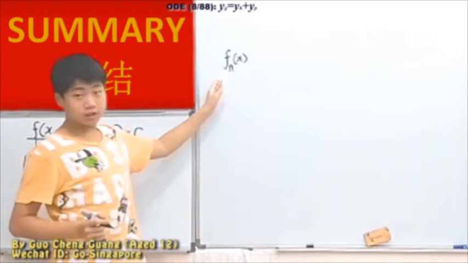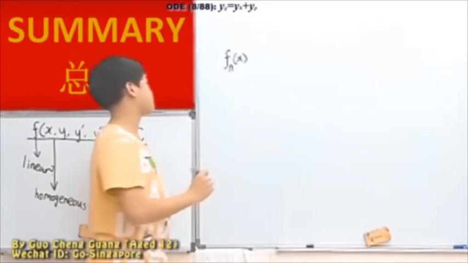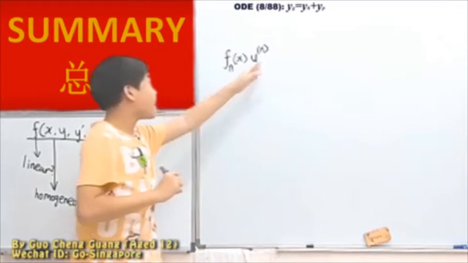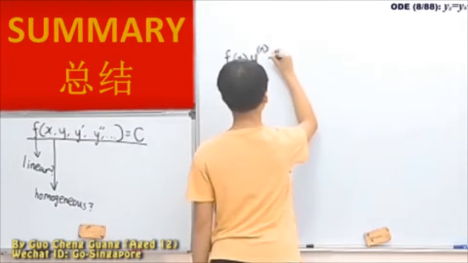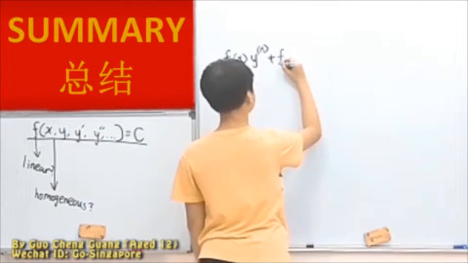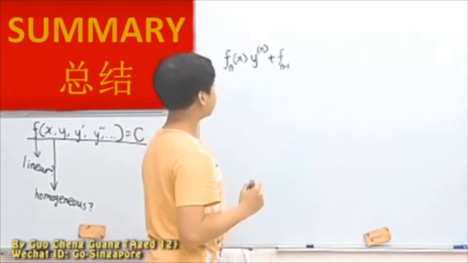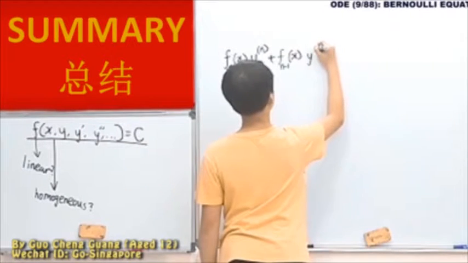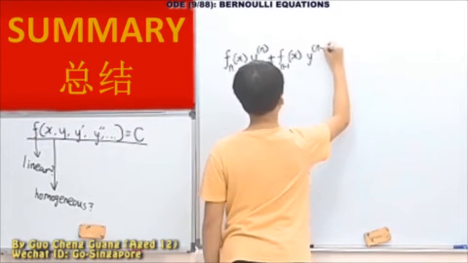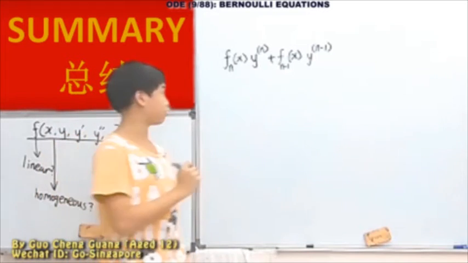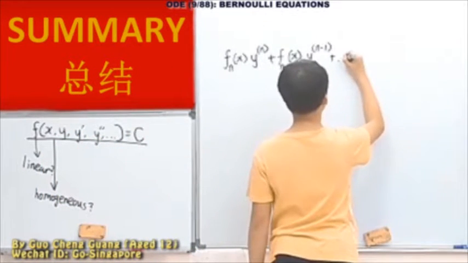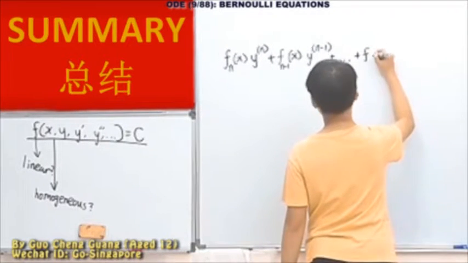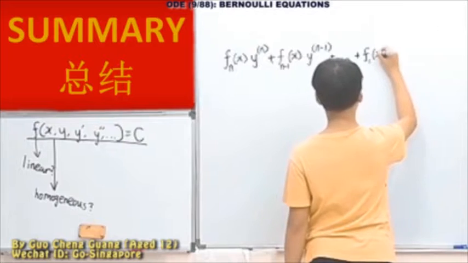So this function of x, f_n(x), times the nth derivative of y, then add f_(n-1)(x) times the (n-1)th derivative of y, plus, until f_1(x).